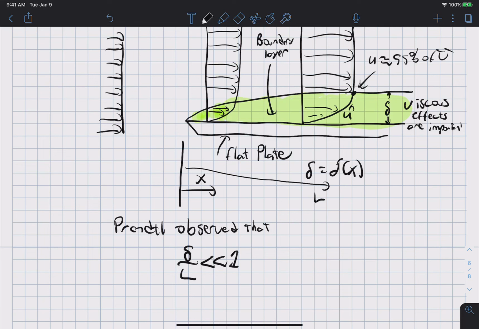That is, the height of this boundary layer is very small compared to the x distance along the flat plate. This would be the plate length, and this delta is called the boundary layer height.